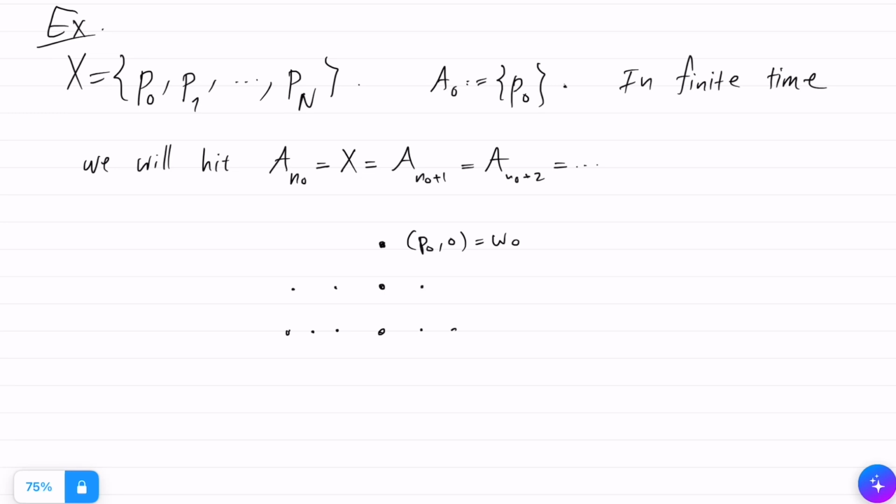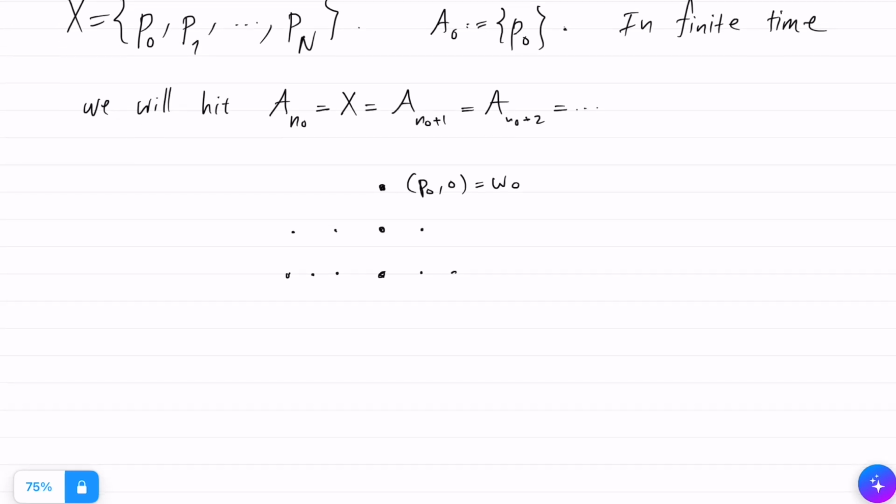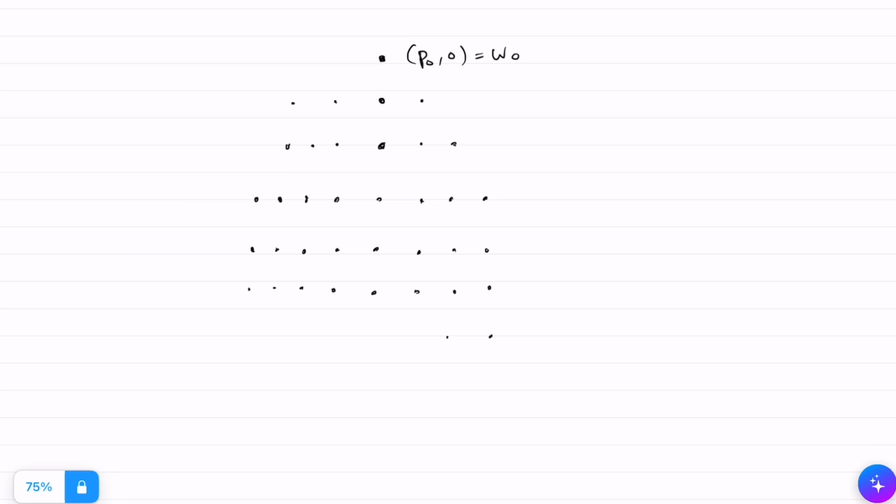But very soon, there exists a level, maybe not 3, but 300, at which you will capture all of your space. So you will have, say, here, here. And then from that point on, you just repeat. And then you repeat. Okay. And then you repeat.